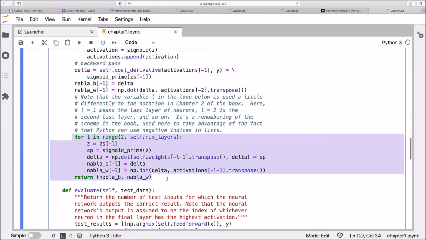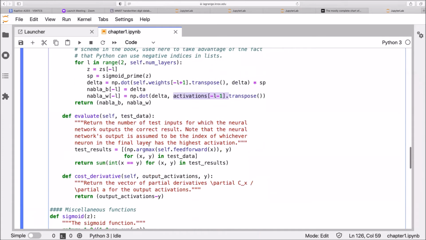And inside this loop, we find the error in each layer. According to these two equations, we find the gradient of the weights and biases in each layer. That's the definition of fundamental equation 3, and this is fundamental equation 4, which is the error times the activation in the previous layer.